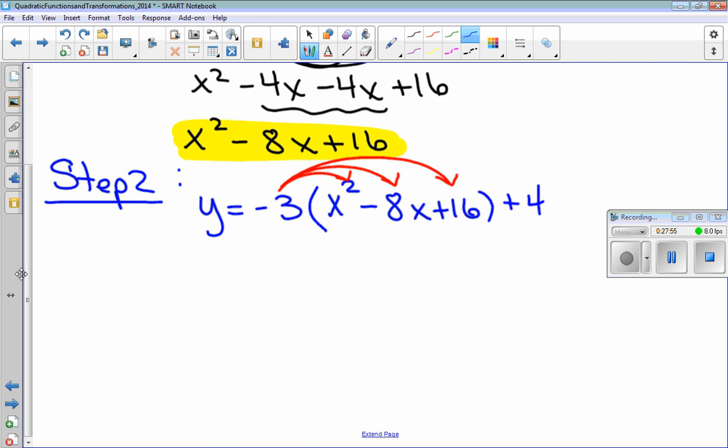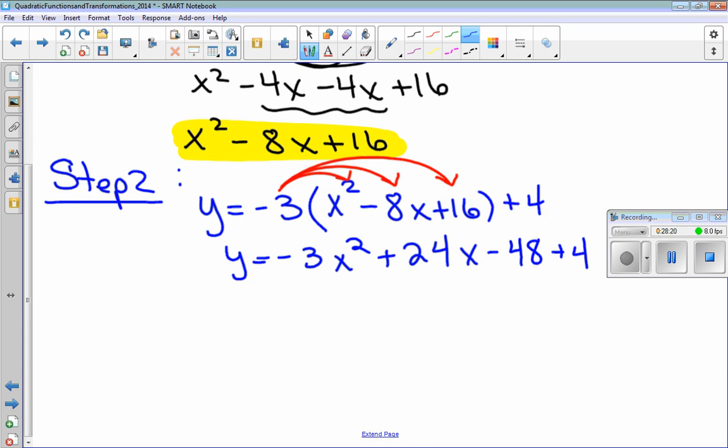So I'm going to have -3x squared plus 24x. Good. I'm sorry, minus what? 52. No. 3 times 16 is 48. And then what you were thinking of is then we had the plus 4, right?